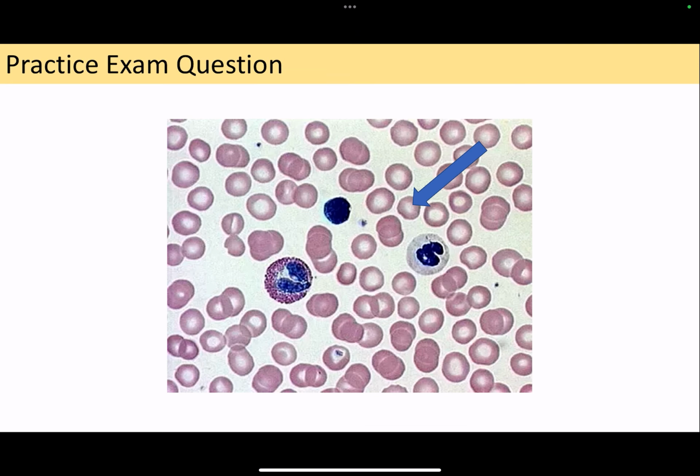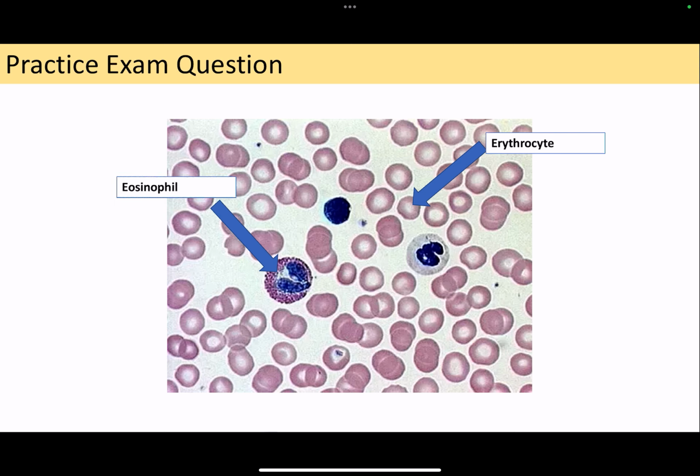So just to review, what's the blood cell type that the arrow is pointing to? Erythrocyte. What's the general term for these larger cells? Well, all of them. Leukocytes. And so what's this one specifically, with the red granules?